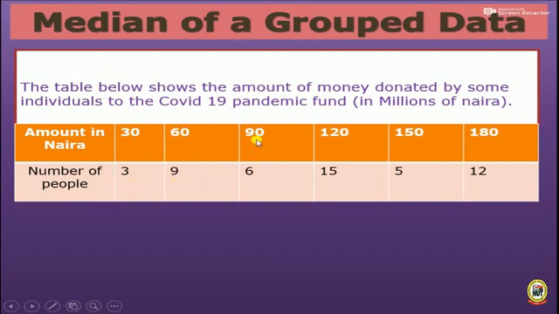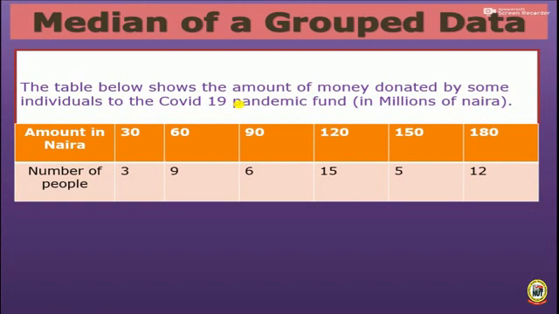Then those who donated 90 million are 6. 15 people donated 120 million. 150 million, 5. That means 5 people donated 150 million naira and 12 people donated 180 million naira. You are expected to find the median for this contribution or for this money raised for the COVID-19 pandemic.